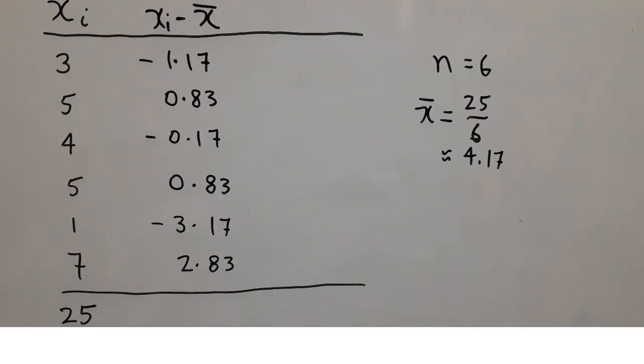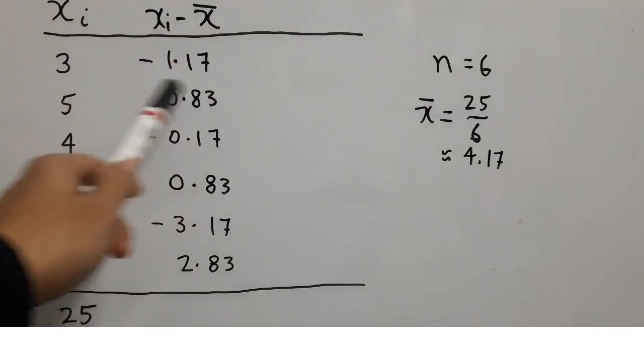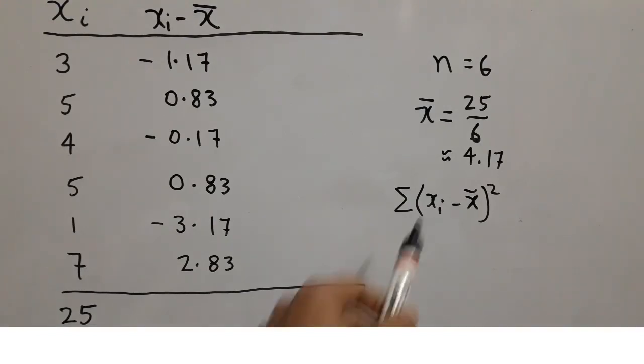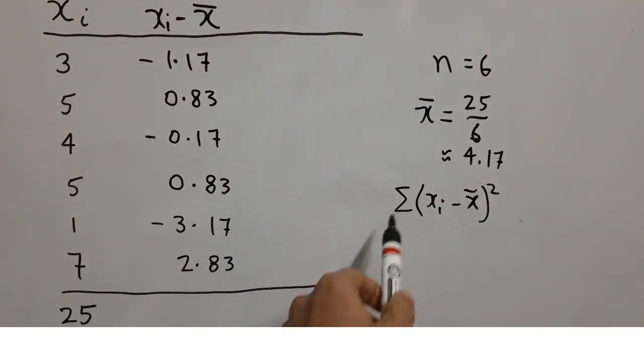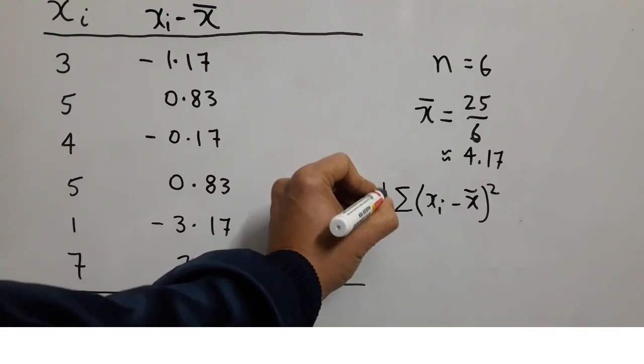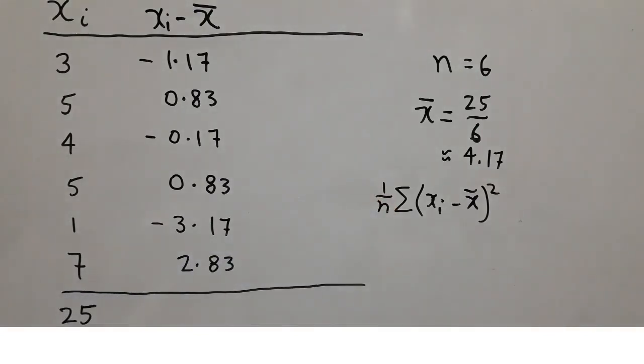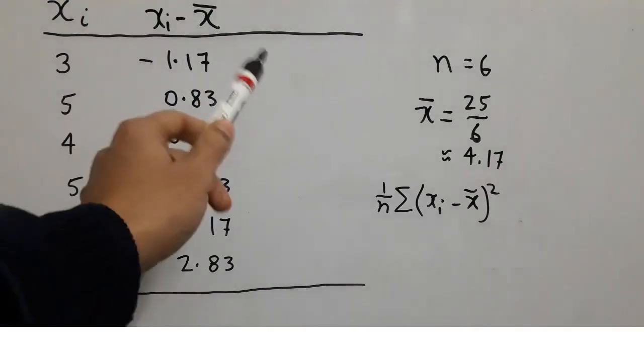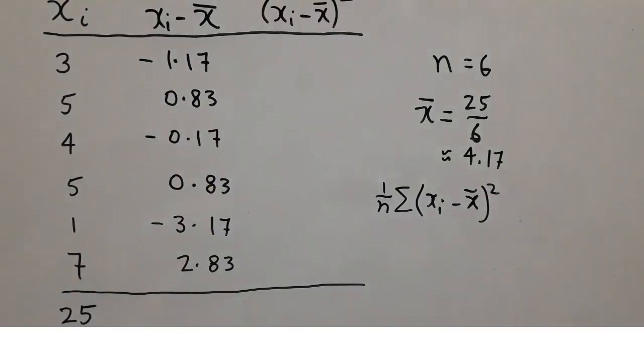The next step will be to square all these things and then add them up. Because the formula is (xi minus x bar) whole square, you sum them and finally we are going to divide it by n. So I shall create another column here that will contain squares of these numbers.